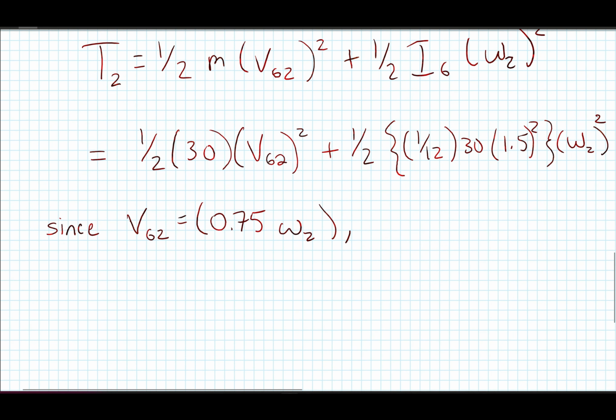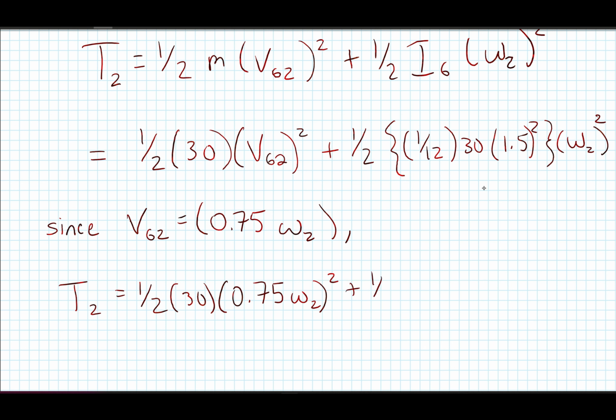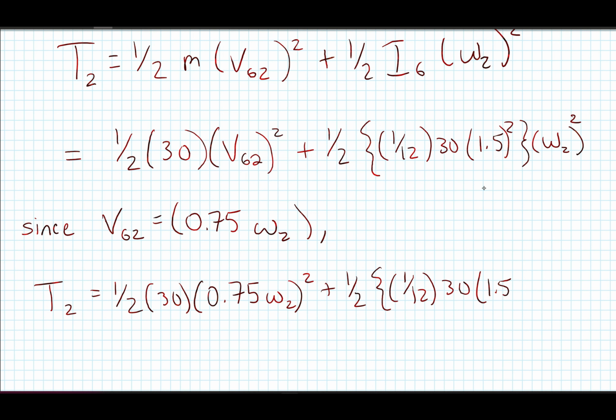Since that's the case, T sub 2 equals 1/2 times 30, and instead of the v sub g2, I can just plug in 0.75 omega sub 2, squared, plus 1/2 times 1/12 times 30 times 1.5 squared, and this is times omega sub 2 squared.